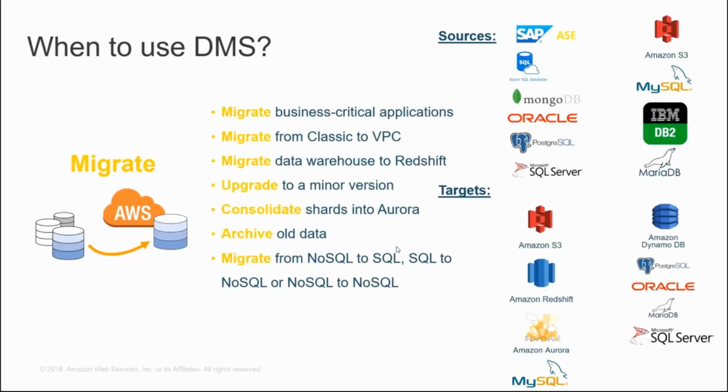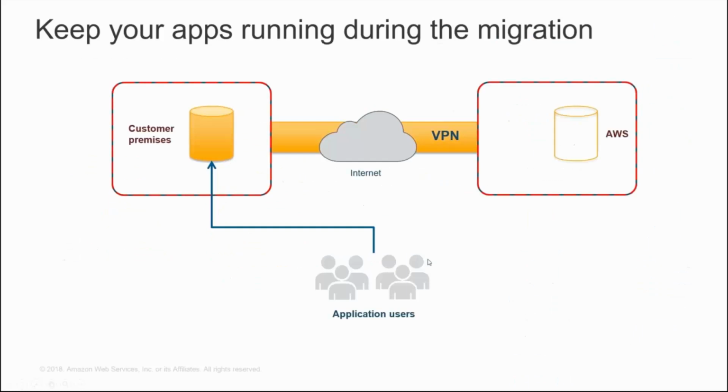So in the RDS console, you can upgrade from one version to another, but it still incurs a minor outage during your maintenance window. If you can't afford even a couple seconds of outage or downtime, you can use DMS to sync between an old version of a database and a new version of the database. You can consolidate shards in Aurora, and you can go from SQL to NoSQL and vice versa. But again, we're going to be talking primarily today about migrating between SQL Server and another relational database. So how does it work?